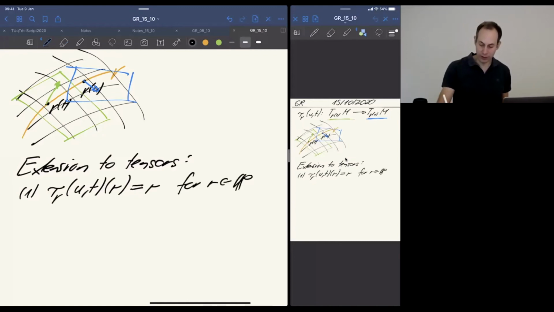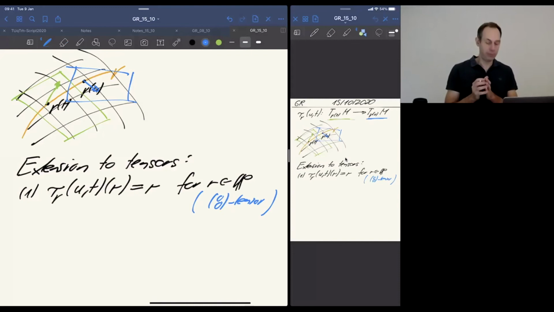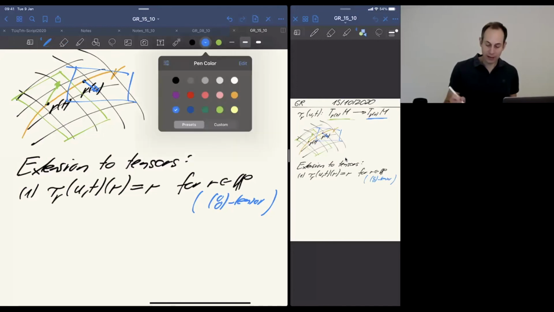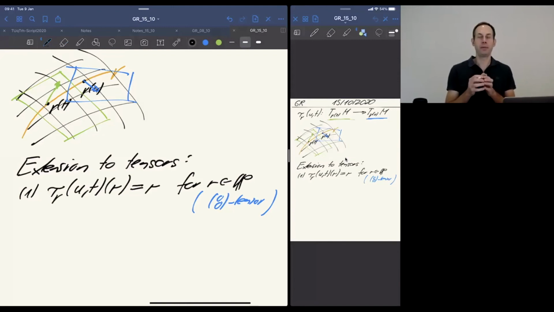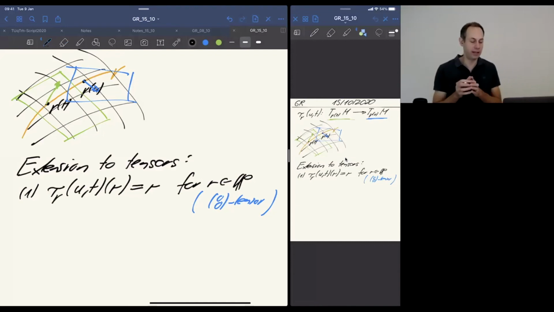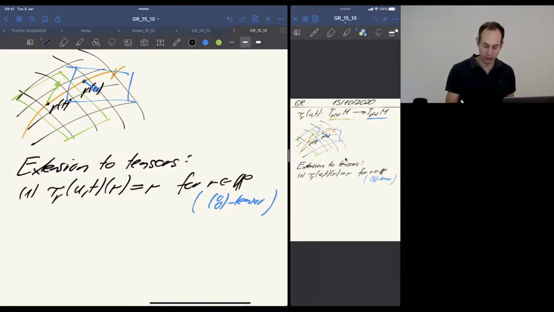And of course, that corresponds to the case of a 0-0 tensor. So in other words, a 0-0 tensor is transported under this map just by keeping it constant. That makes sense, because I want to capture what it means that something remains the same. For a vector, this was not trivial because it's mapping to different spaces, but a scalar does not depend on a tangent space, it just stays constant.